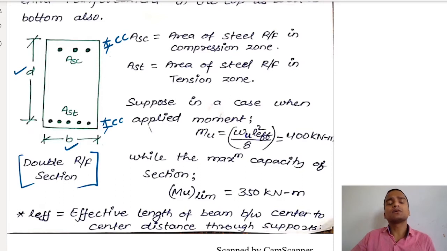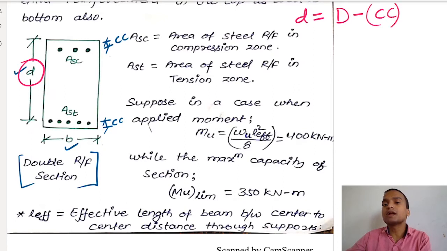But don't get confused with the value of effective depth. This value of effective depth, small d, will always be calculated from the top to the center of the bottom steel reinforcement, and this effective depth small d will always be equal to gross depth minus clear cover at the bottom, not at the top.